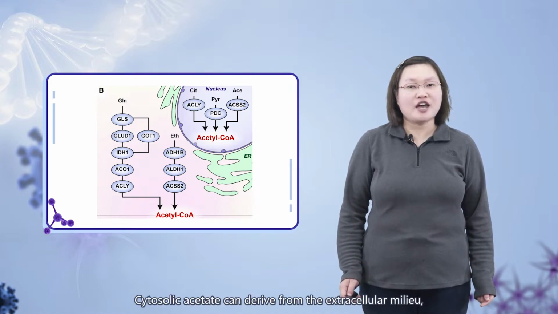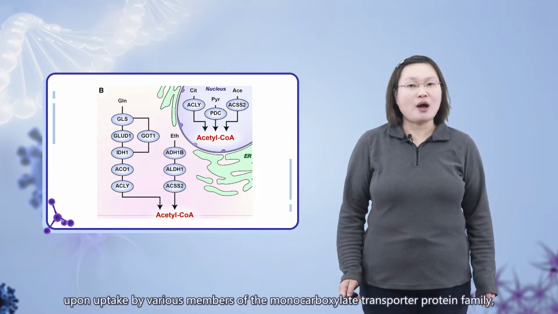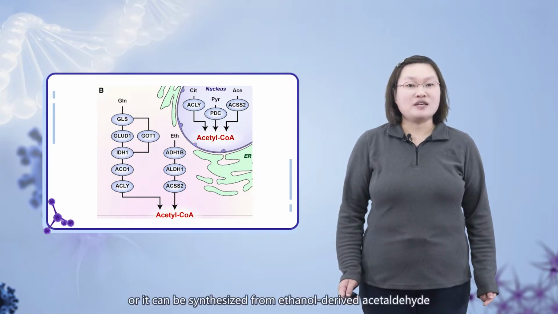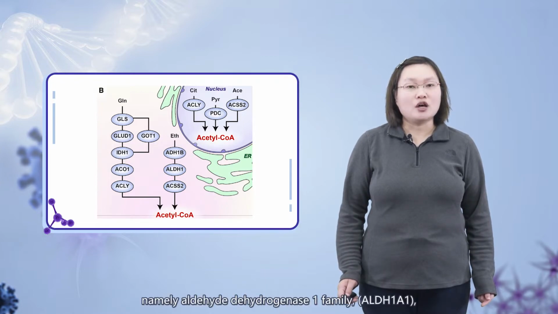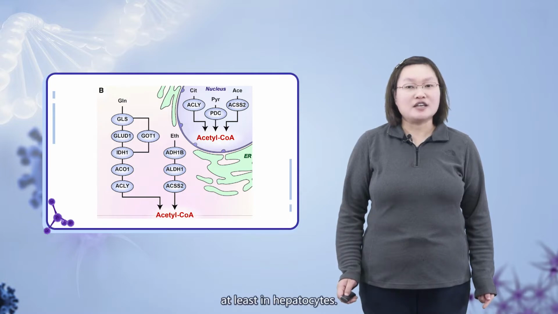Cytosolic acetate can derive from the extracellular milieu upon uptake by various members of the monocarboxylate transporter protein family, or it can be synthesized from ethanol-derived acetaldehyde by a cytosolic variant of ALDH2, namely aldehyde dehydrogenase 1, ALDH1A1, at least in hepatocytes.